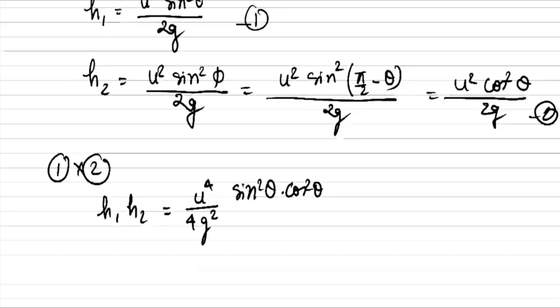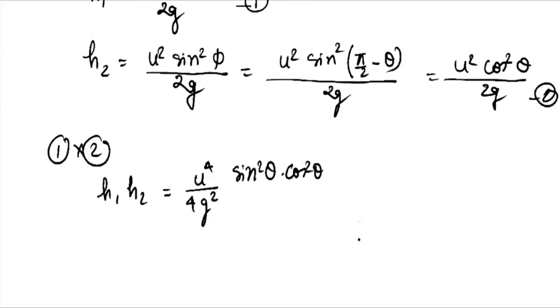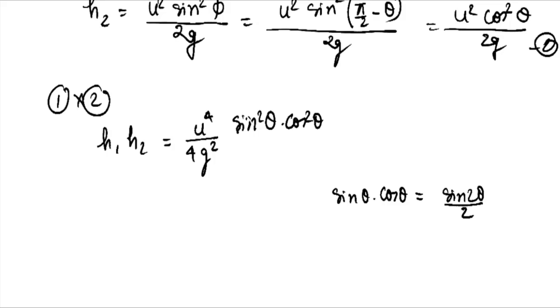Simple. So let's put this value: sin θ cos θ = sin 2θ / 2, right? So just replace sin²θ cos²θ by sin²2θ / 4.